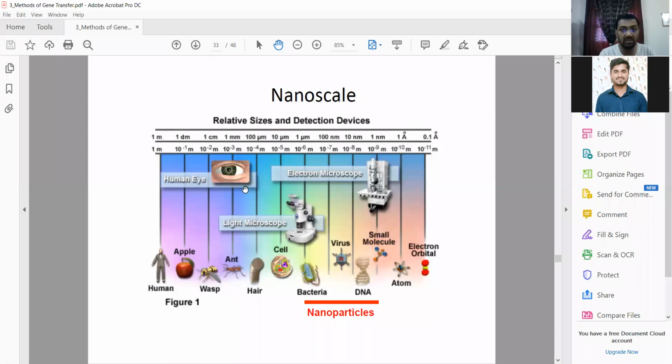The human eye could see up to 1 millimeter size, or a light microscope could see a cell or a hair cell. After that we need an electron microscope for small nanometer size particles, which include bacteria, viruses, DNA, small molecules, and atoms. So this is the explanation of nanoscale.